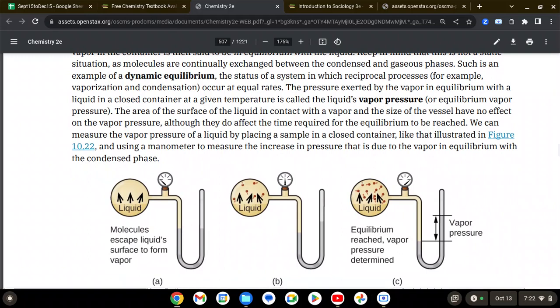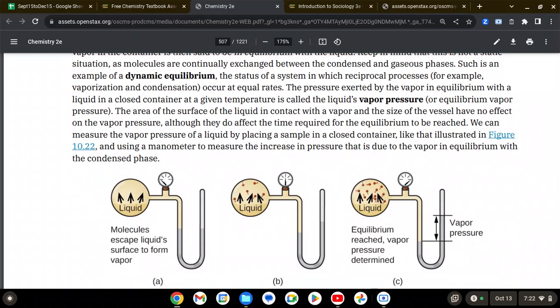The pressure exerted by the vapor in equilibrium with a liquid in a closed container at a given temperature is called the liquid's vapor pressure, or equilibrium vapor pressure. The area of the surface of the liquid in contact with the vapor, and the size of the vessel, have no effect on the vapor pressure, although they do affect the time required for the equilibrium to be reached.